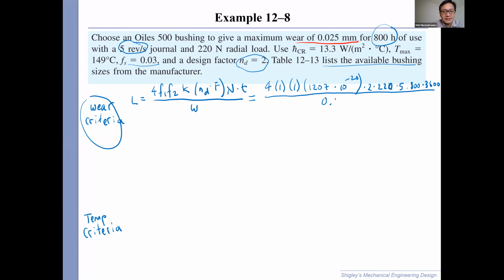The wear limit this time is 0.025 times 10 to the negative 3. We solved that this is 12.2 millimeters.